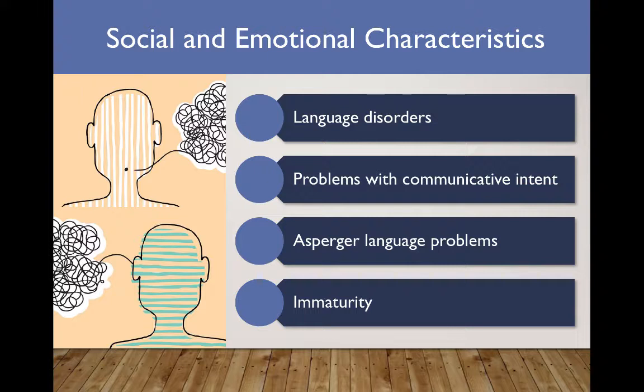So again, problems with expressive language, problems with receptive language, problems with communicative intent, getting out the message they're trying to get out. Asperger, there might be problems with naming things. So the problems are different for children with full-blown autism versus children with Asperger's. And there could certainly be levels of immaturity in terms of social and the emotional piece.